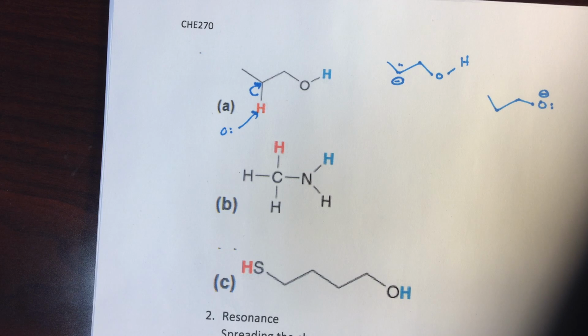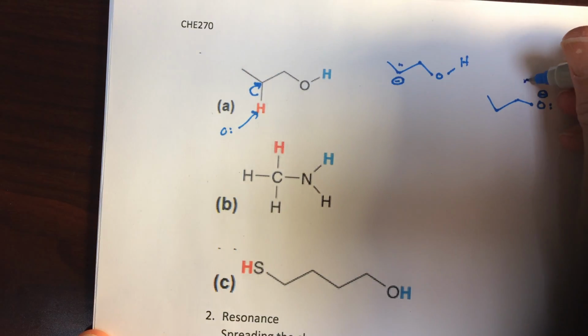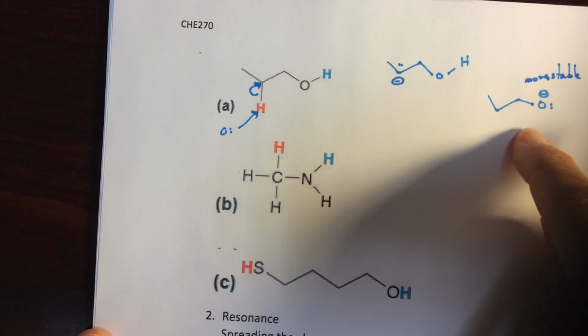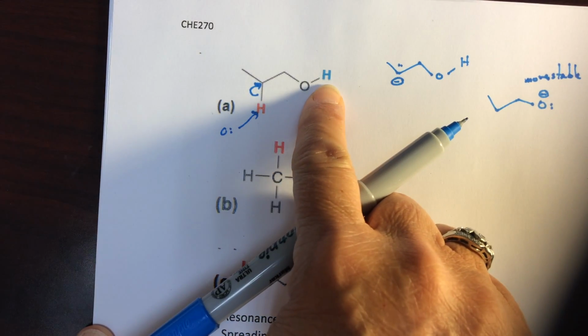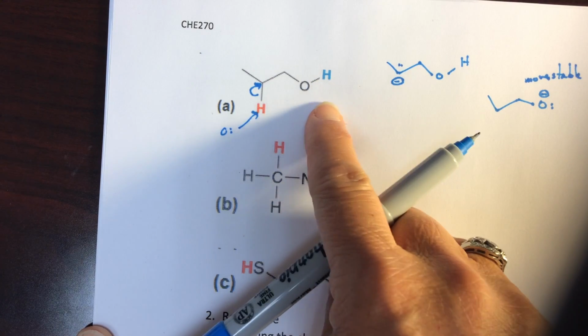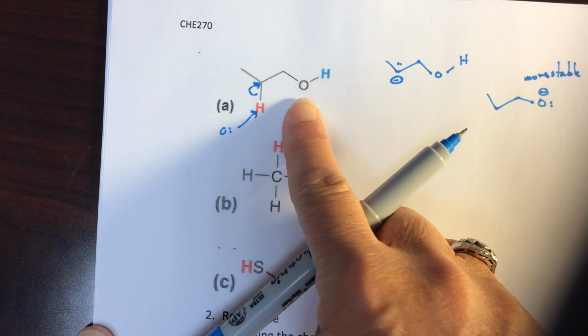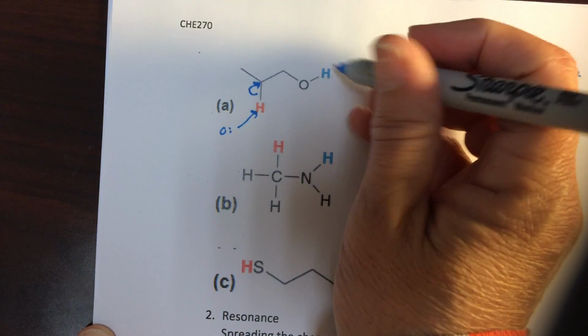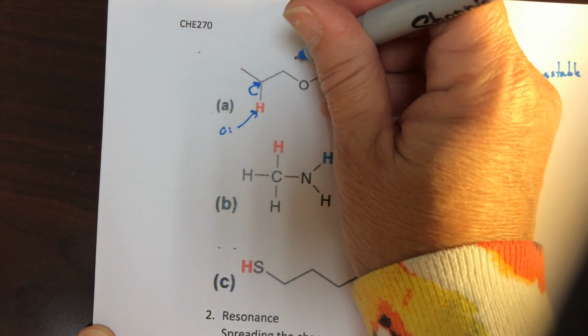Oxygen is the more electronegative, and so this one is going to be more stable. And if that one is more stable, then this is the more acidic hydrogen. It's easier to get rid of this hydrogen because the conjugate base that we make when we remove it is more stable. So we'll circle this one as more acidic.